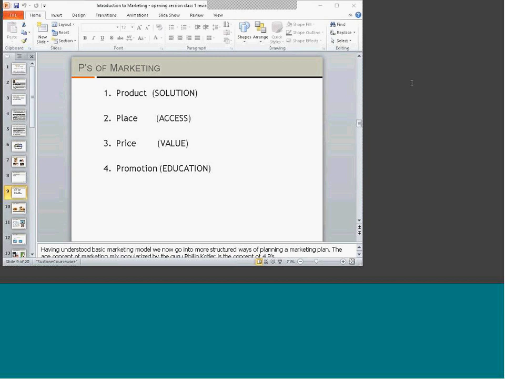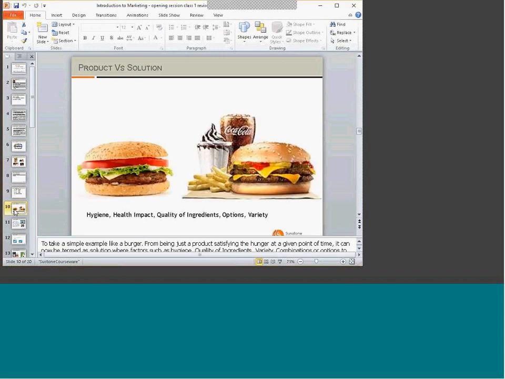So a burger is a product, is the solution against the need. Okay, so the need is what comes in over here. That is to eat something, the need is to satisfy hunger.